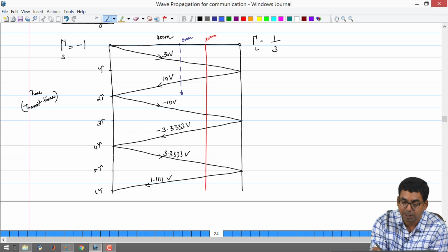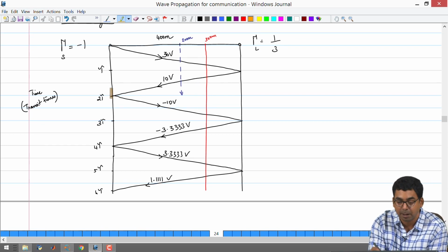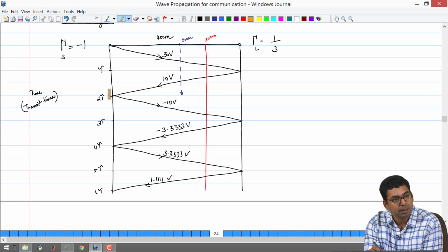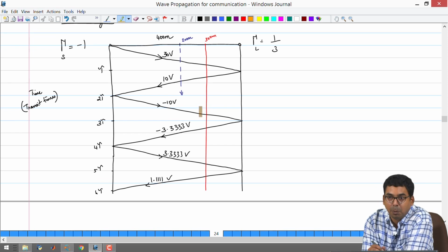So, then you have the 10 volts going here, right. It remains at 40 volts till this wave actually goes from this point at 300 meters to the source side, gets reflected and comes back. So, this is going to be at 300 meters and at 300 meters, that is going to be about 600 meters, all right. So, it is one transit time plus another half a transit time.